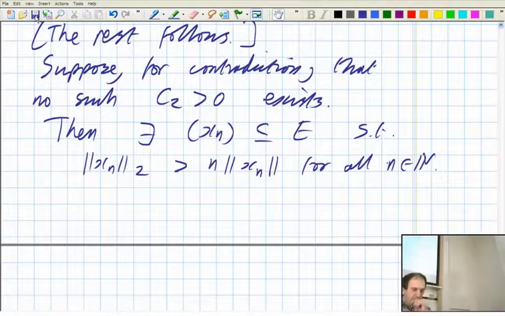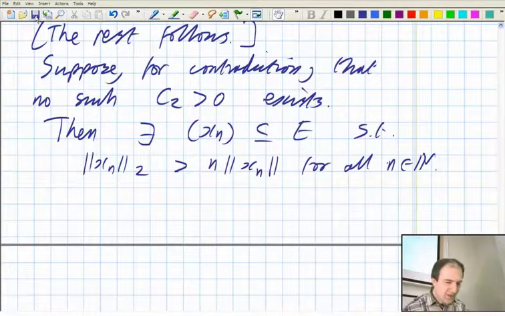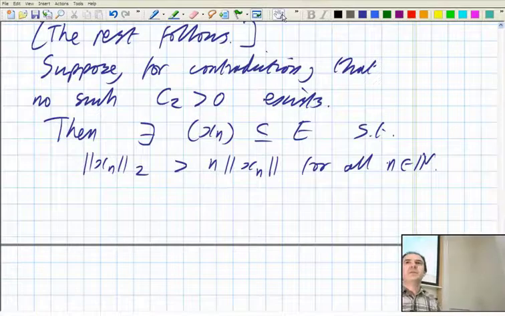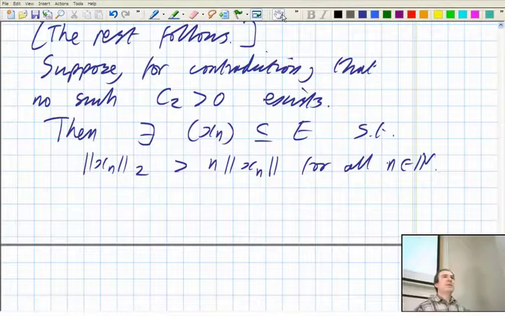Well, what we're going to do is normalize just like last time to get a sequence of elements in the unit sphere with respect to norm 2. And the nice thing about the unit sphere with respect to norm 2 is that it's compact. We will then take a convergent subsequence and discover that we have a sequence that converges to something that's non-zero and to something which is 0.